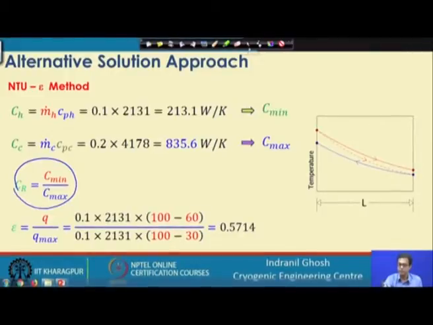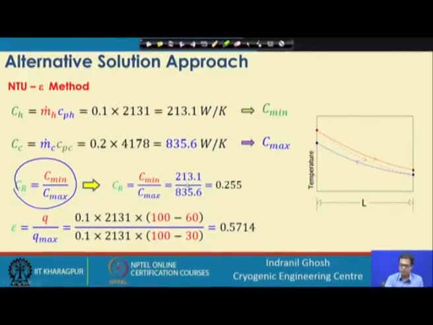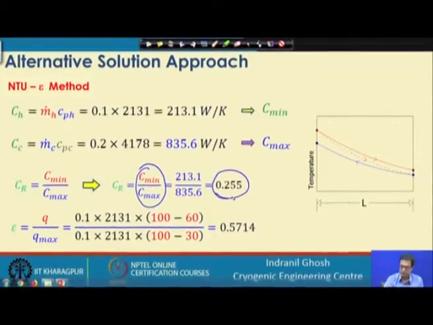Here C min will come in the numerator and C max will come in the denominator. So, this will give you a ratio of 0.255.